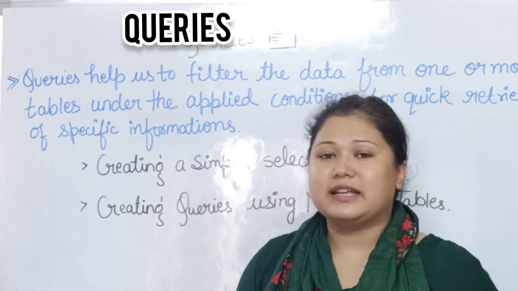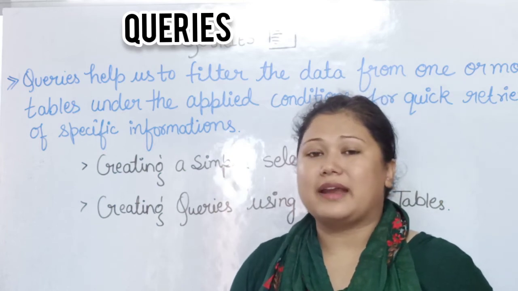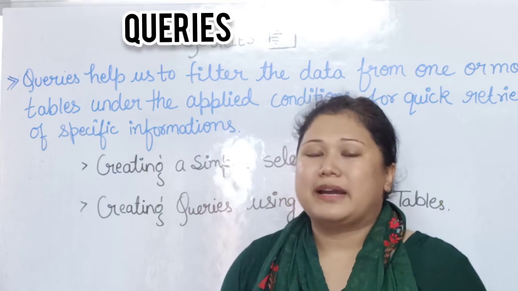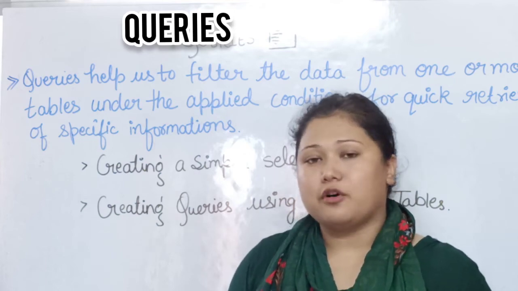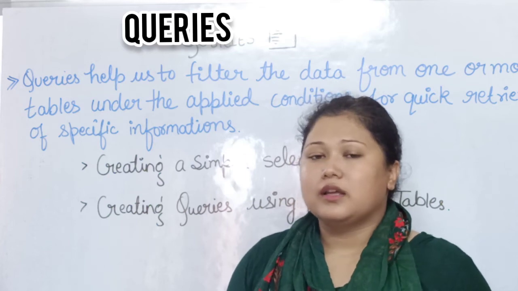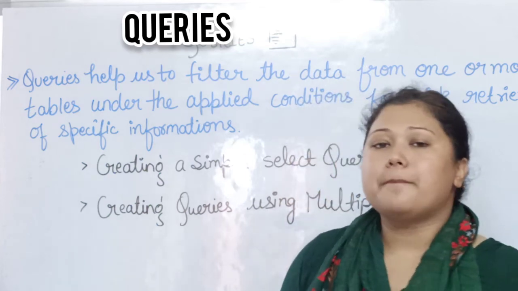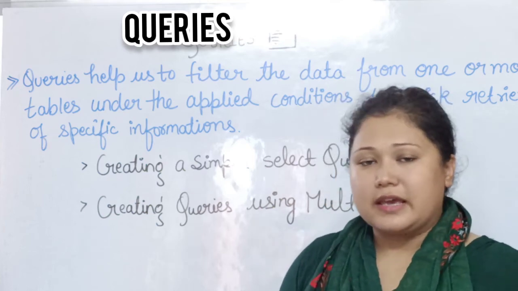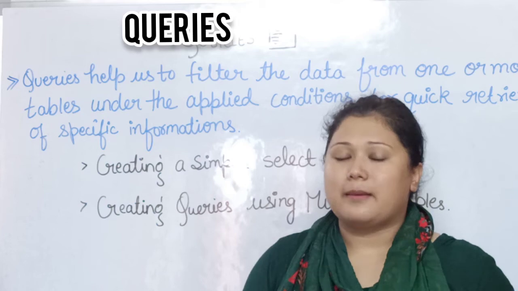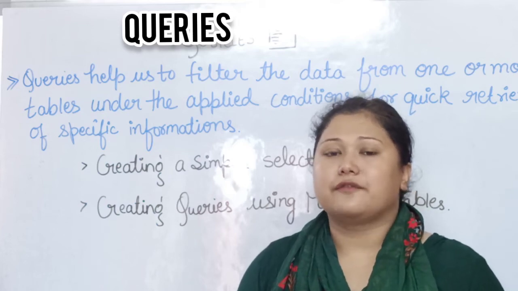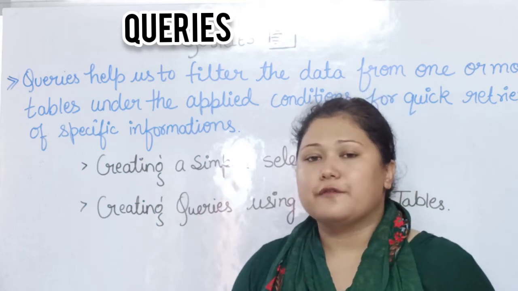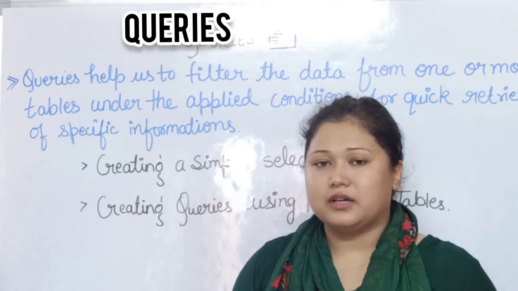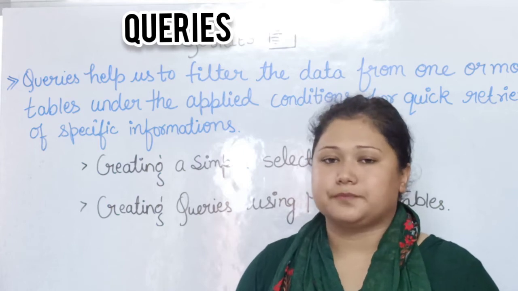As you have studied in MS Excel, we used to apply different types of conditions for getting particular information from the table. That feature is also available here in MS Access, where we can apply the condition in more than one table for creating a query.